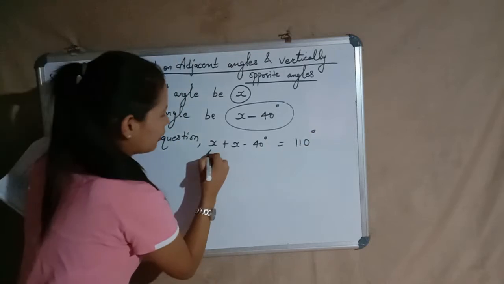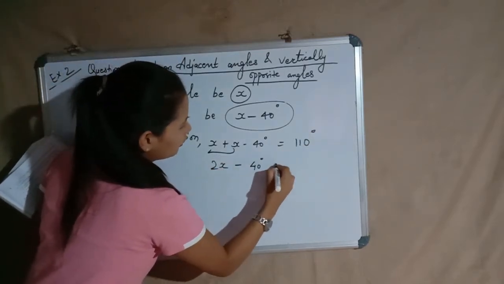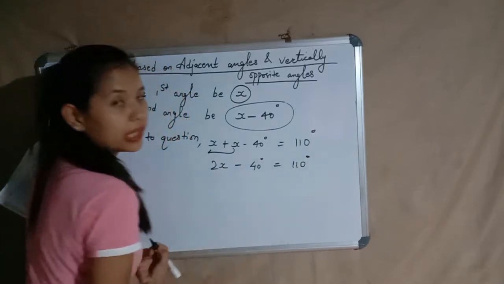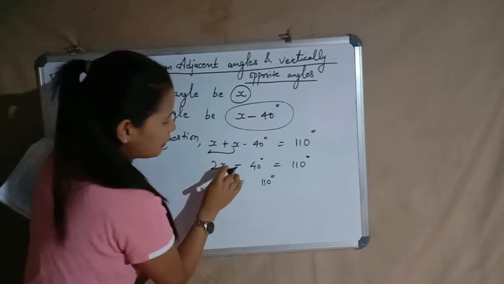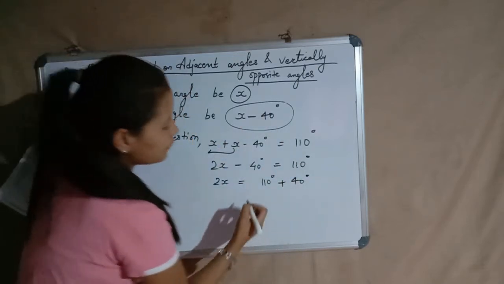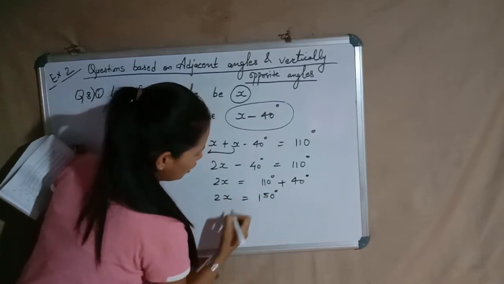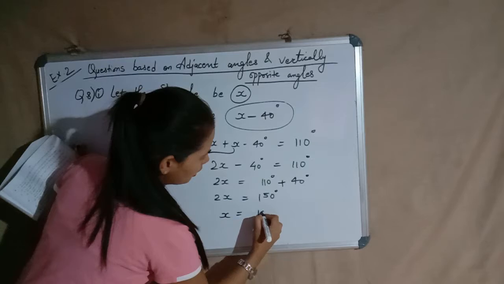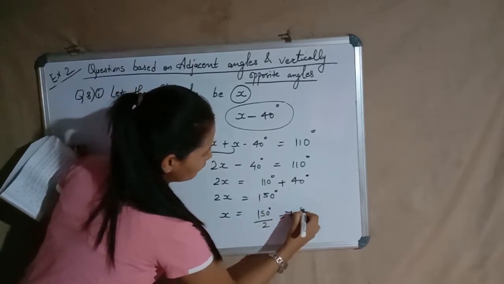So x plus x is how much? 2x minus 40 degrees equals 110 degrees. So 2x will be equal to 110 degrees, and this minus, when we take it to the other side, becomes plus 40 degrees, which equals 150 degrees. So our value of x will be 150 degrees divided by 2, that is equal to 75 degrees.